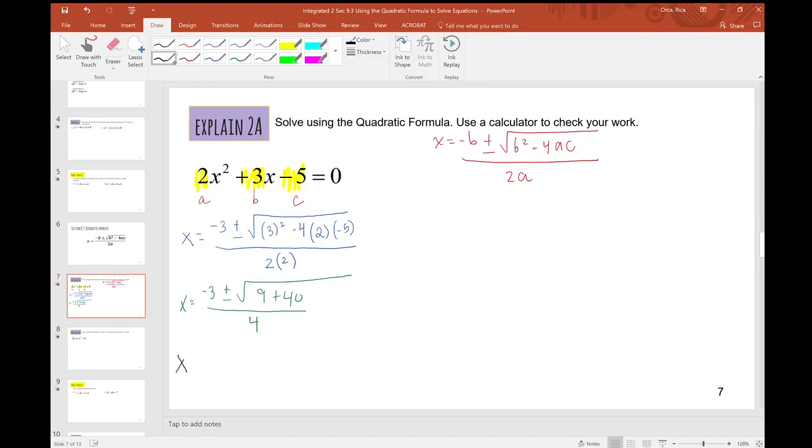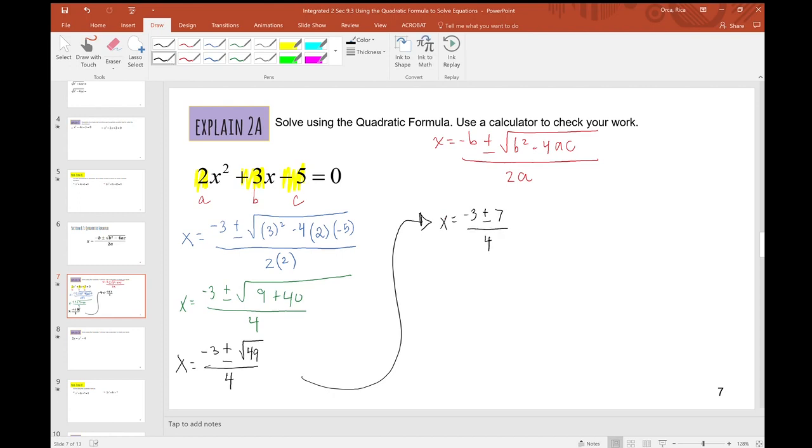But you have to make sure that the equation is in trinomial form and is equal to 0. Let's keep going. So negative 3 plus or minus the square root of 9 plus 40 is 49, all over 4. X equals negative 3 plus or minus the square root of 49 is 7, all over 4.